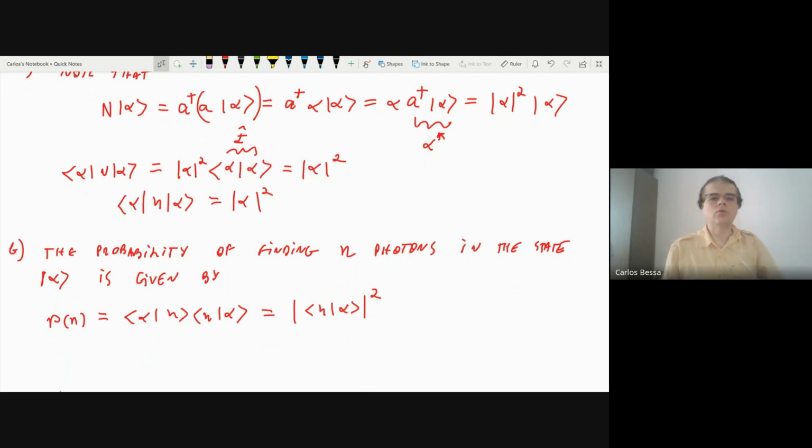We know what alpha is from the first expression, so P of n will be the exponential of minus alpha squared, the sum from n equals 0 to infinity of alpha to the n over n factorial.